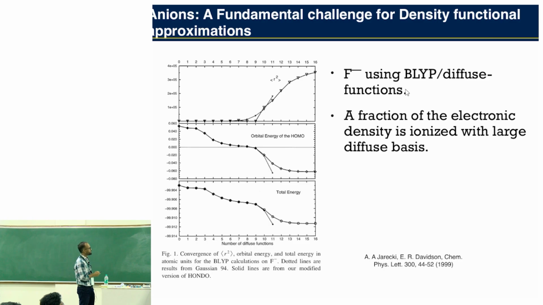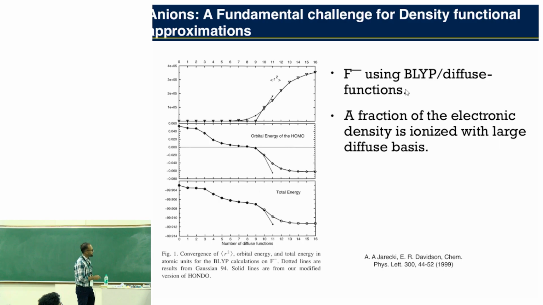There are a couple of other successes, but I will just discuss one. One of the main successes that I'm going to show is about anions. If you were to ever study anions using density functional theory, suppose you're studying H minus or F minus, and you use a sufficiently large basis set, here with a BLYP functional, what you would notice is this.